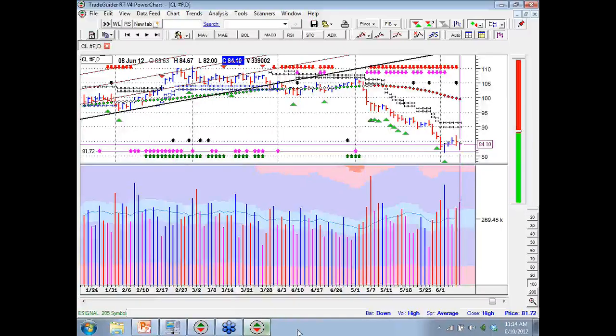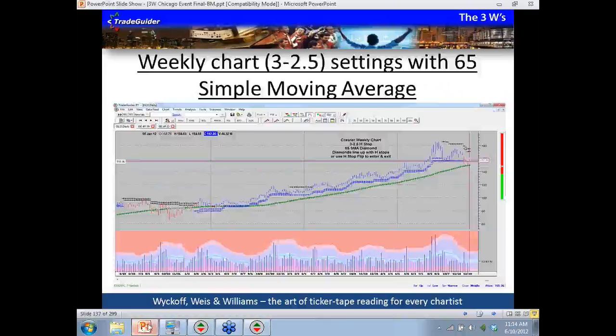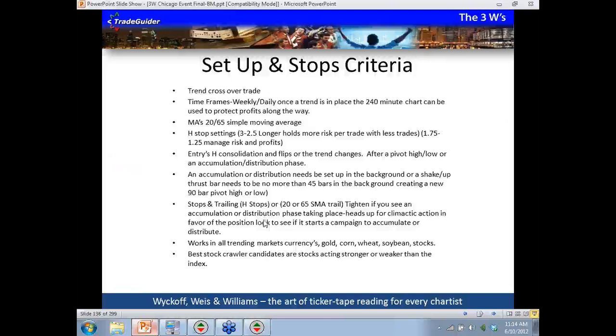Well, I filter specific things to happen. Specific things need to happen. Let's back up now on the presentation here. Specific things need to happen. There's a criteria. An accumulation or distribution needs to be in the background, or a shakeout or an upthrust needs to be no more than 45 bars back.